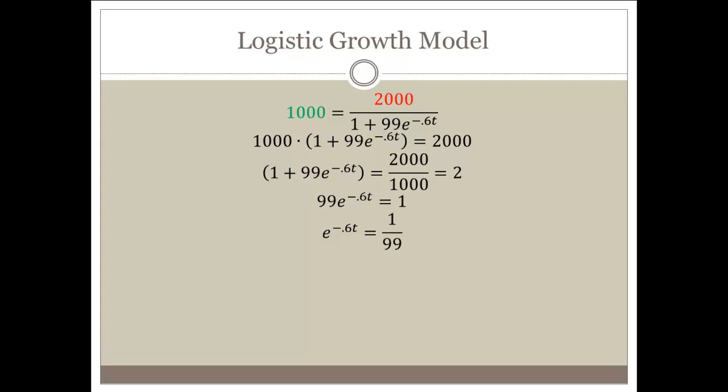Now to get at t, we need to use the inverse of the exponential function. This is our natural logarithm. Taking the natural log of both sides, on the left we have the ln of e to the negative 0.6t, and on the right we have the ln of 1 over 99. But the natural log of e to the negative 0.6t is simply negative 0.6t.